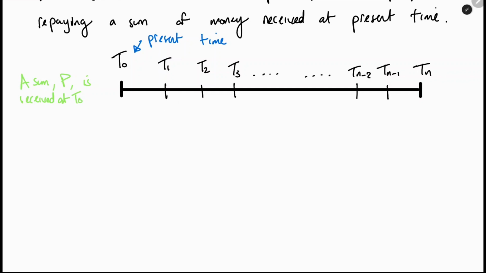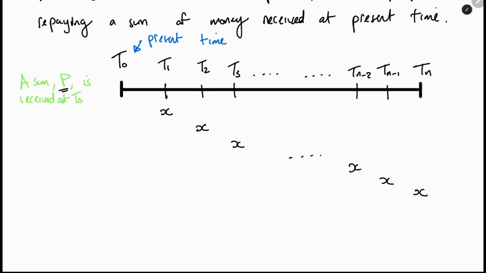Okay, so at every next time period a fixed amount is paid back. So let's say at T1 x is paid back towards repaying the value of P. At T2 another x value is paid, at T3 another x value is paid, and so on all the way up until Tn.